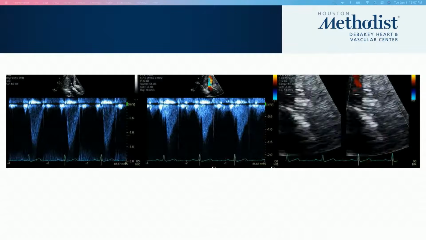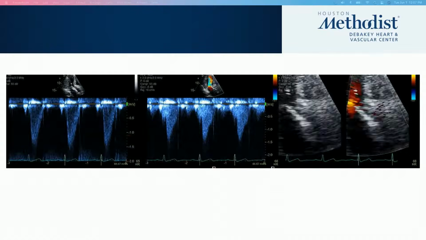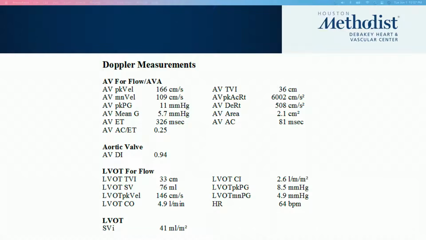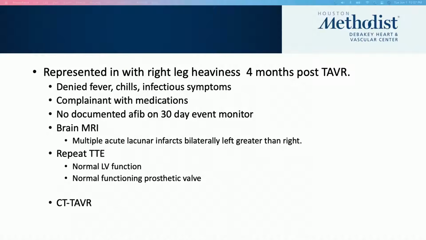The velocity and gradient across the valve were overall relatively within normal limits, and although it wasn't a great signal, the reading was reported as an aortic valve peak velocity of 1.6, a mean gradient of 6, which was lower compared to his baseline, and a DI of 0.94. His acceleration time was slightly higher, but again the velocity and the gradient were within normal limits.